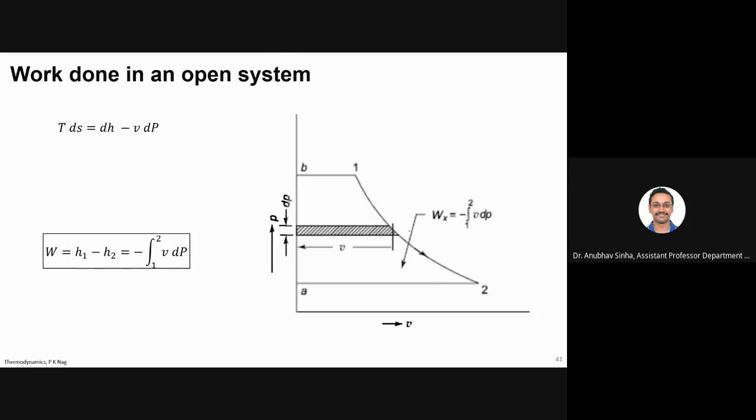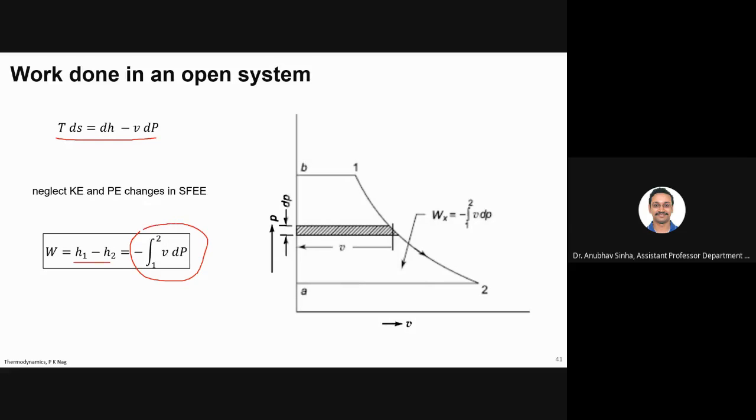So lastly, one more topic, and then we'll wind up. If you have TdS equal to dH minus vdp, that we discussed in the last slide, now, if you use the steady flow energy equation and you neglect kinetic and potential energies, I can write work done in that process as equal to minus integral of vdp.